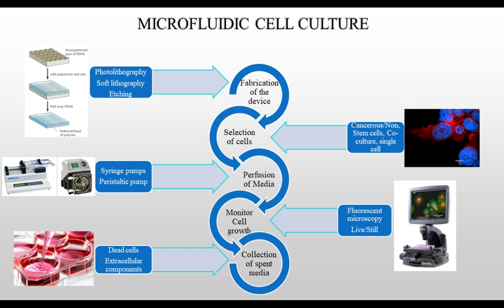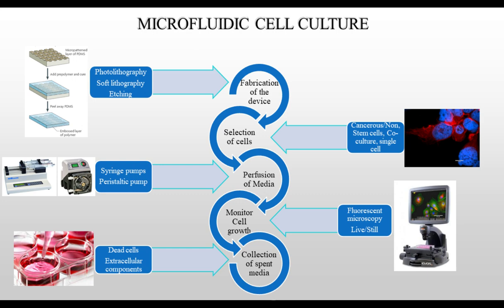So let us see what the steps involved in establishing a successful microfluidic culture are. The first step obviously is the fabrication of the device. This is typically carried out by techniques such as photolithography and soft lithography, after which you have to select the type of cell which you are going to investigate. It can be cancerous or non-cancerous cells, and based on their properties such as adherent or non-adherent, we might need to fabricate a new design of microfluidic chip.